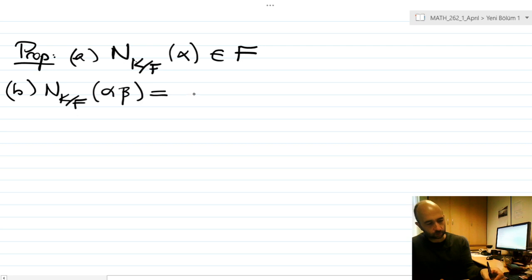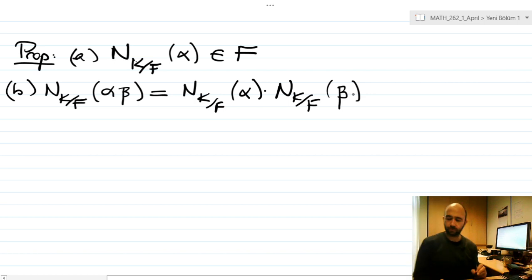So you have this equality: the norm of alpha times beta is equal to the norm of alpha times the norm of beta. And the third is this relation to the minimal polynomial of alpha.